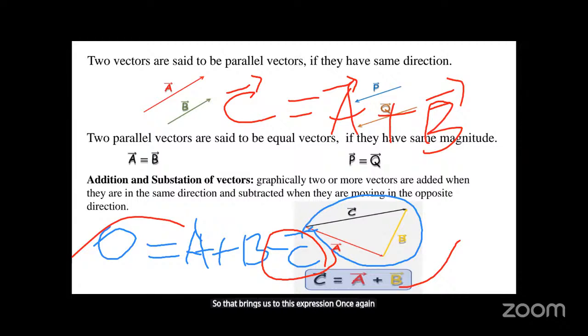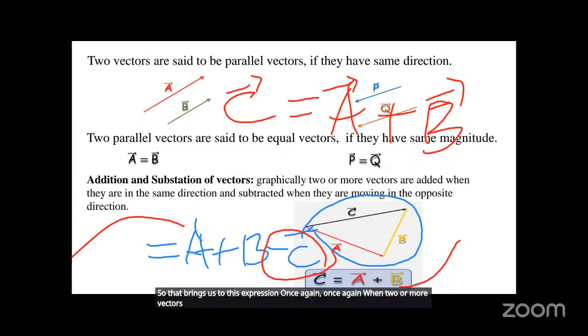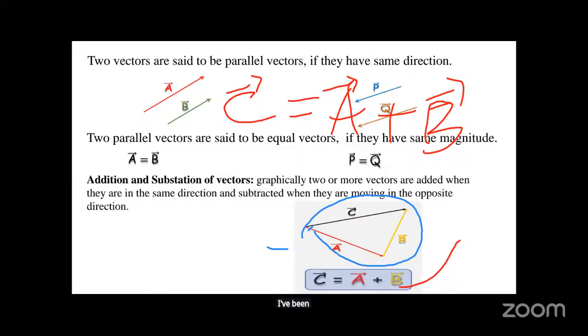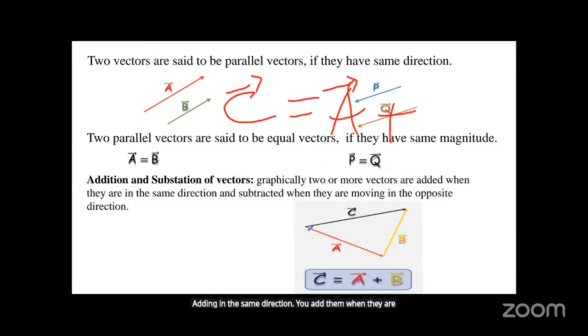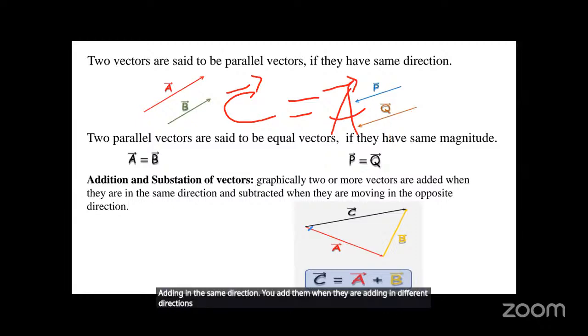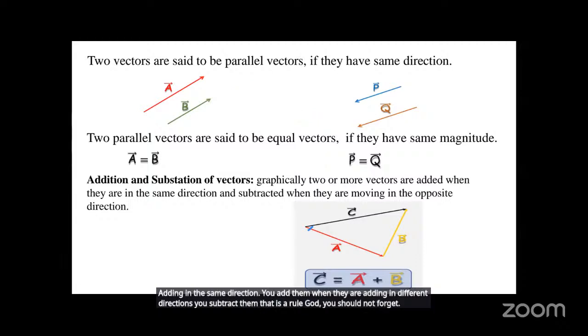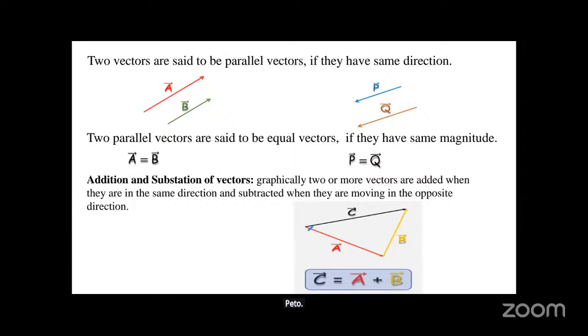So when two or more vectors are heading in the same direction, you add them. When they are heading in different directions, you subtract them. That is a rule that you should not forget in vector addition and subtraction.